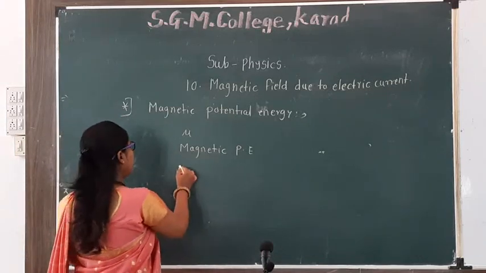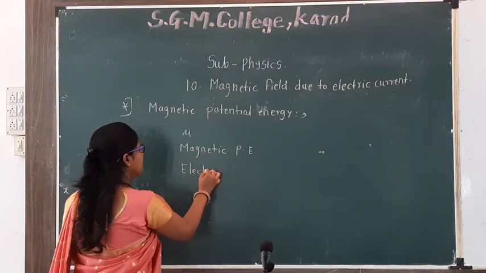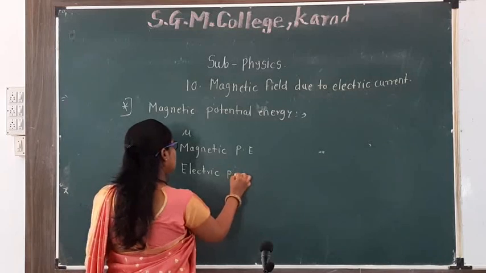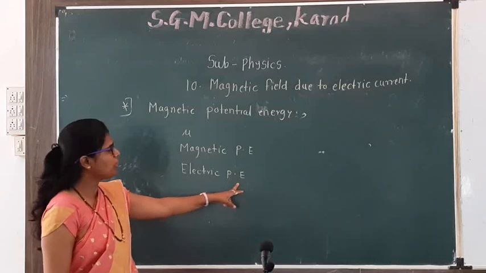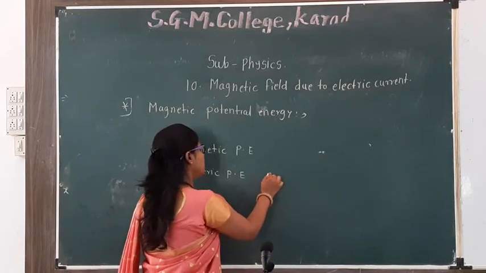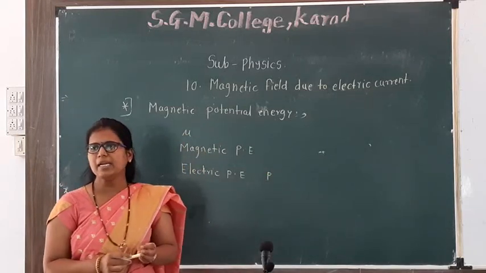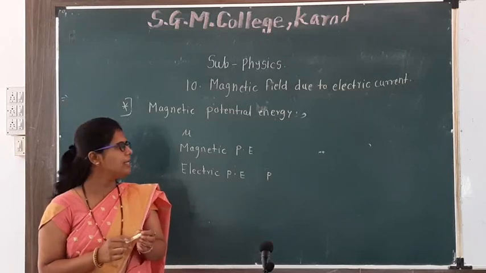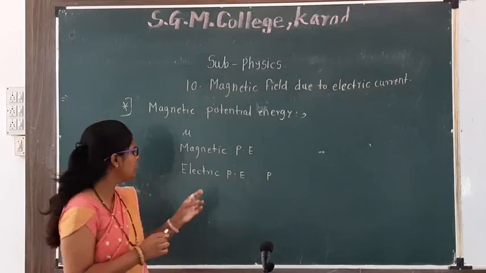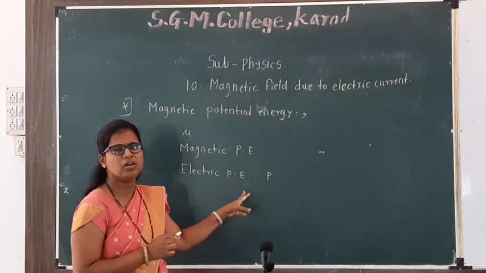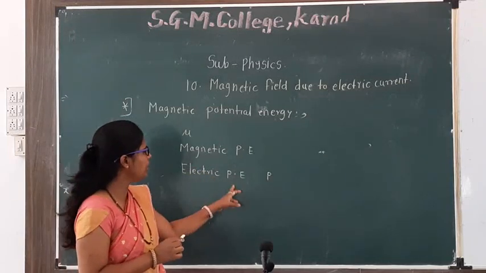In the last chapters, electric potential energy was given briefly. Electric potential energy is produced by an electric dipole, vector P. When this electric dipole is held in a uniform electric field, it possesses electric potential energy because of the orientation of the field around us.